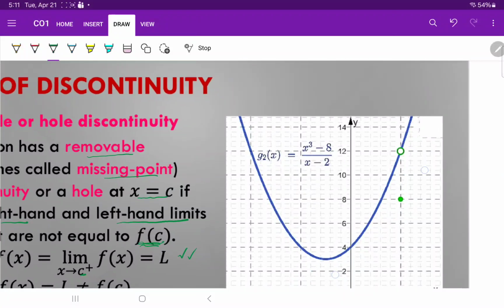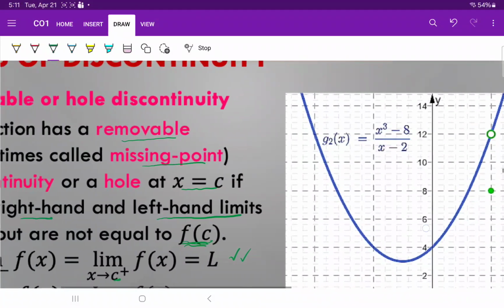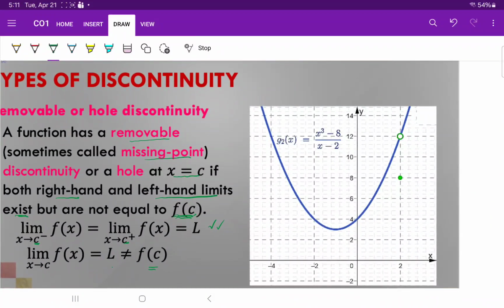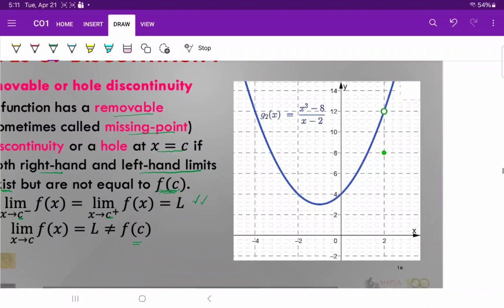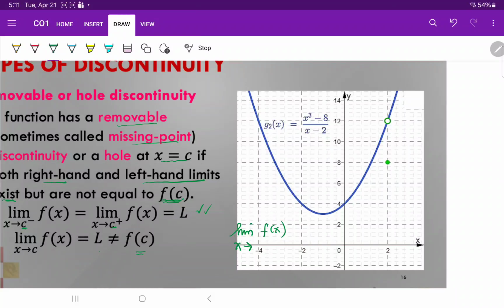So, this is an example. Look at this graph here. We say that this is a removable discontinuity. Why? Because if we want to find the limit of f of x as x approaches 2 coming from the right, what is your limit?